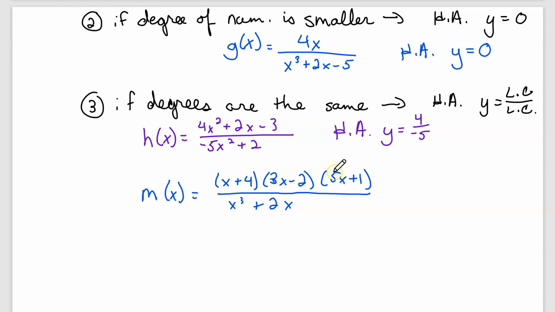So 1 times 3 is 3 times 5, which is 15. And then my leading coefficient of my denominator is 1. So I'd be at y is equal to 15. So you have to pay attention, if it's in factored format, the coefficients of all of your x's together.